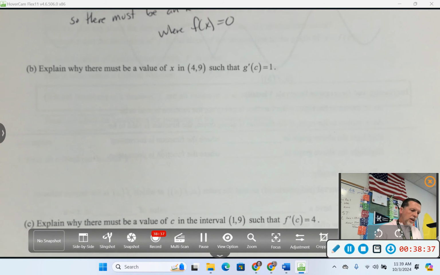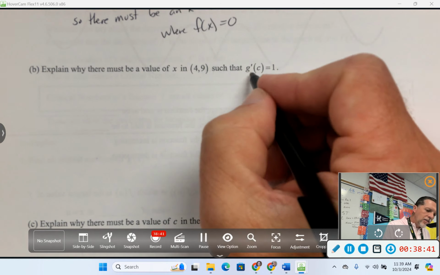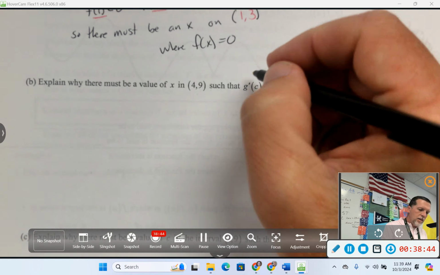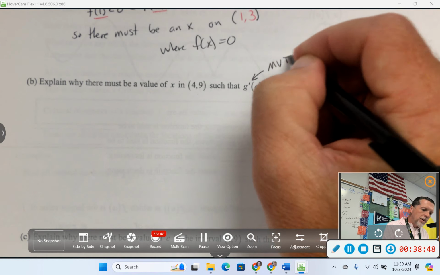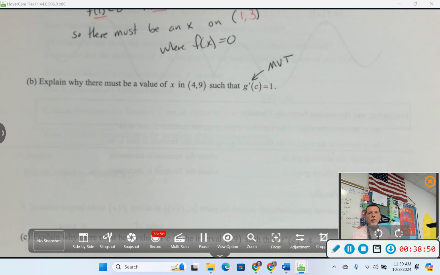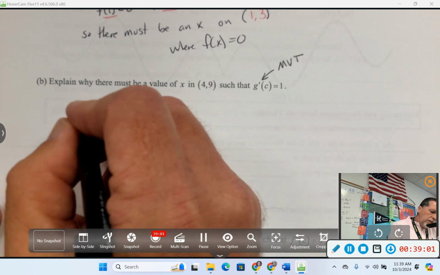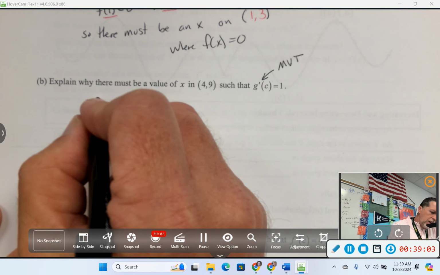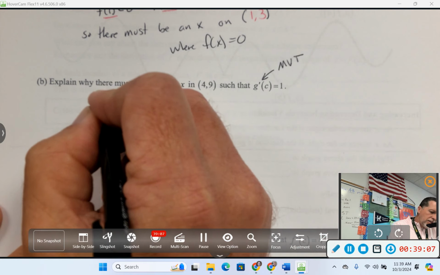Part B. Explain why there must be a value of x in 4 to 9 such that g prime equals 1. So pretty sure this is not an IVT problem, but an MVT problem, because we want to know that the derivative, the slope, is equal to 1. Well, MVT means I've got two if statements. I'm just going to satisfy them both at once.